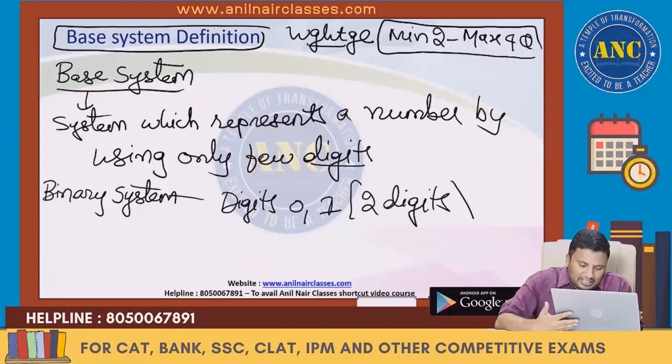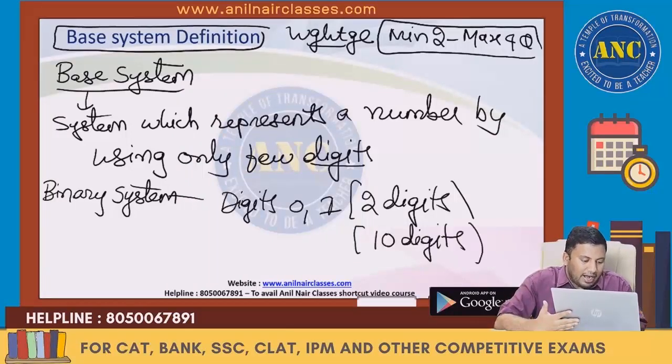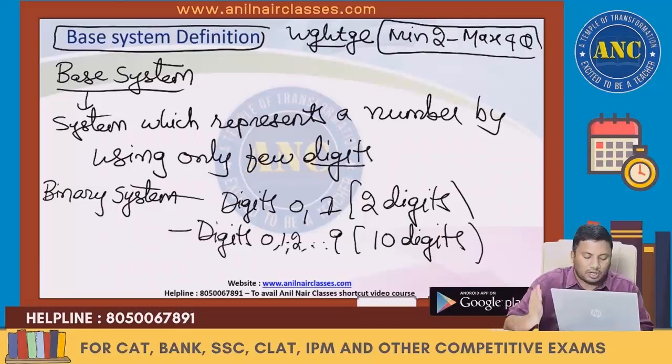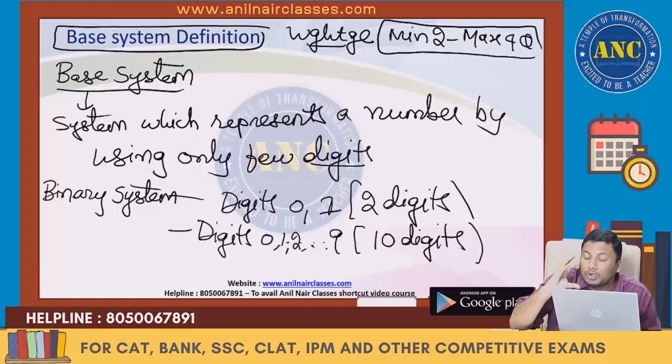Now, if I decide to use 10 digits, and all the digits should start from 0, so I will use from 0 to 9: 0, 1, 2, 3 and so on up to 9. 2 in Greek is bi, and 10 in Greek is deca.